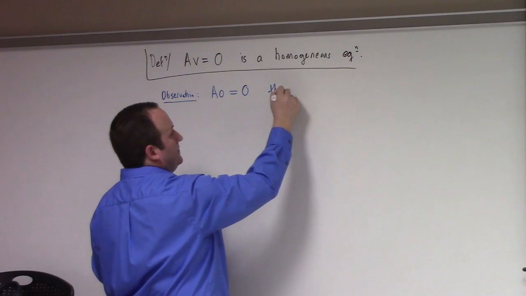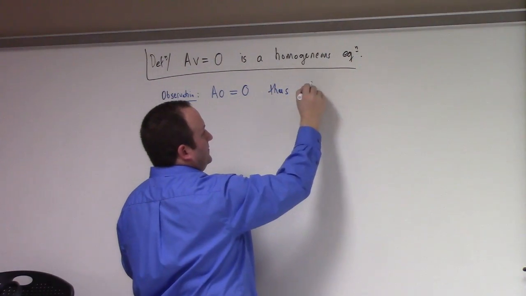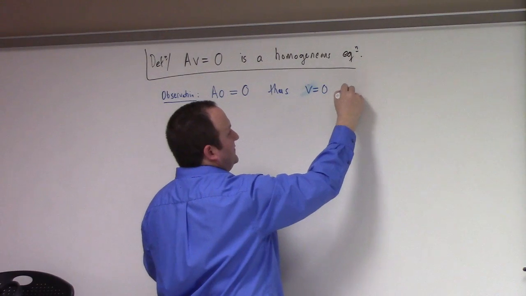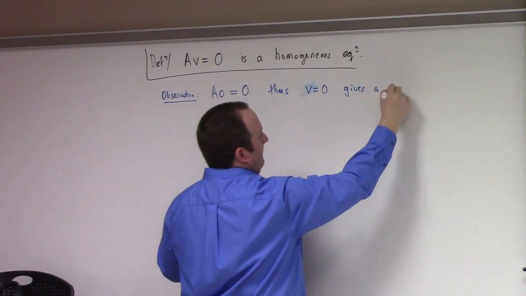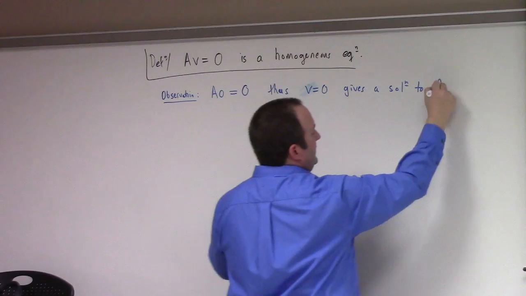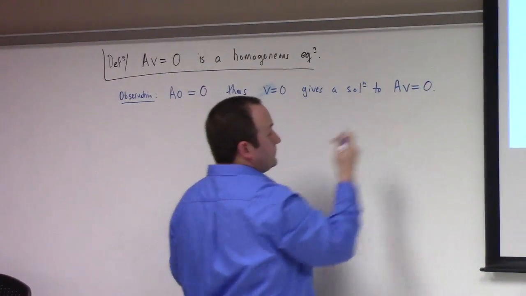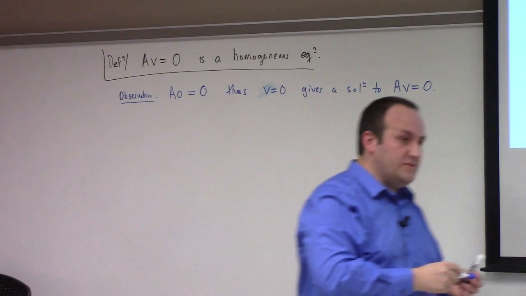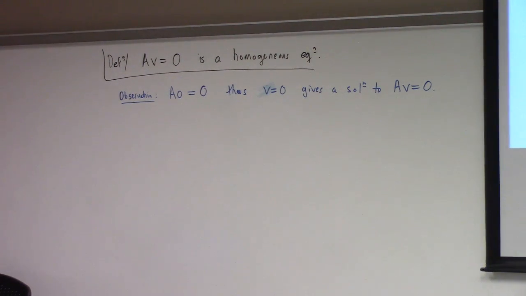Thus v equals 0 gives a solution to Av equals 0, all right? The set of all solutions to a system of linear equations is called the solution set. So a homogeneous equation always has a non-empty solution set, because it always has 0 in there, right?